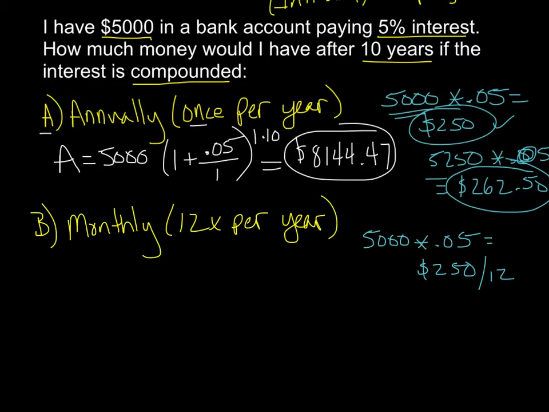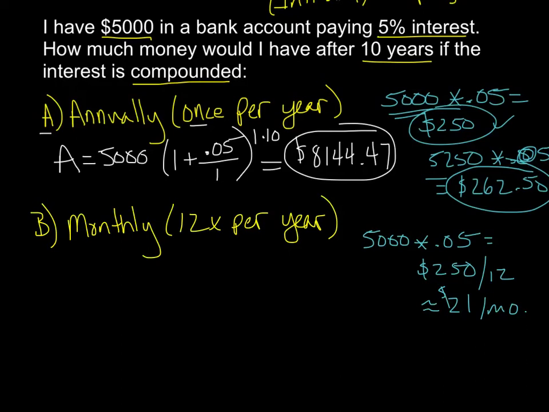And if you take $250 and divide it by 12, you get about, and I'm rounding here just for ease of understanding, I'm going to get about $21 per month. So instead of $250 at the end of the year, I get $21 in January, $21 in February, $21 in March, April, and so on.